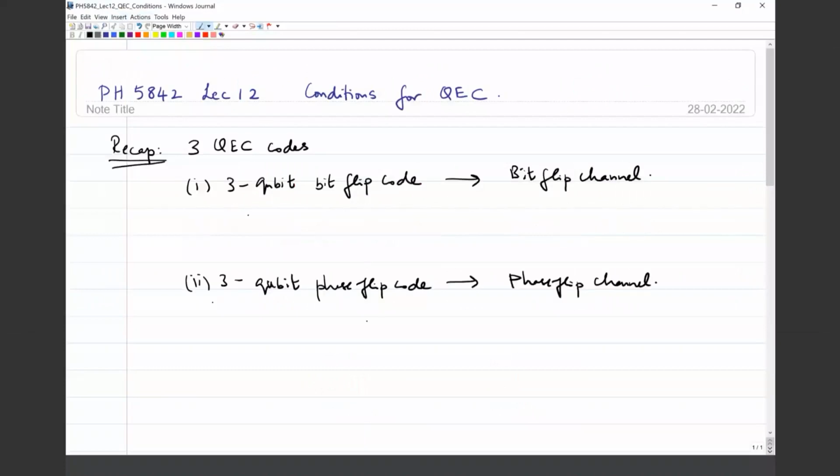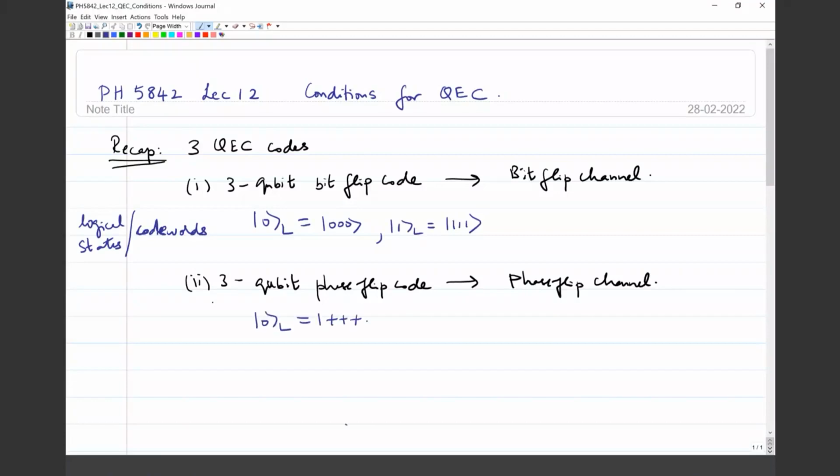So these are called the logical states or the code words, and these define the code space for us, right? Similarly, in the case of the phase flip code, the logical states or the code words were these 2 states, right?